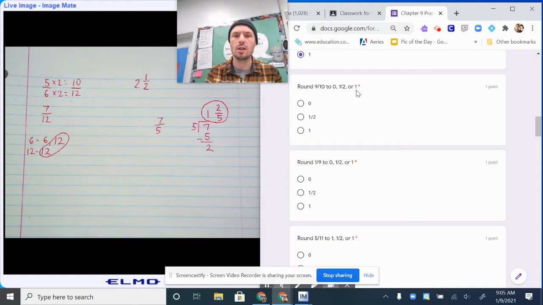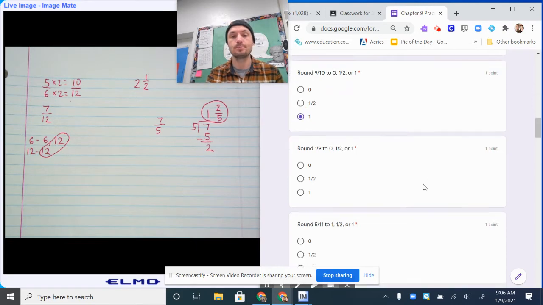Or would you say, we have pretty much a whole pizza left? Yeah, if you were eating the very first slice out of that pizza, you wouldn't be like, oh, there's pretty much no pizza left, because there's the whole pizza left except for the 1 slice that you just took. That's what this is. You have all but 1 slice of the pizza. You have 9 out of 10 slices, so you would round that up to 1 whole.